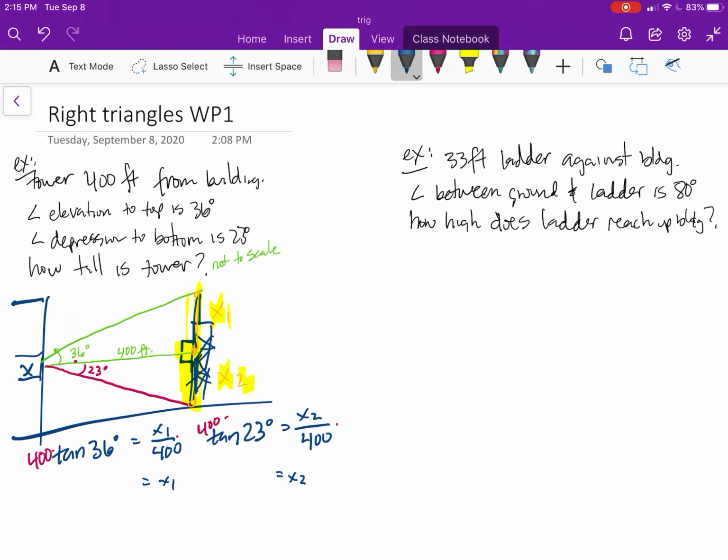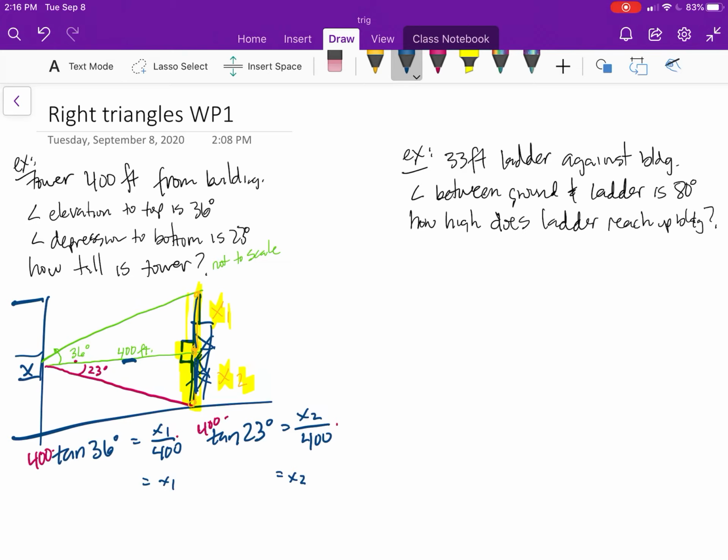So 400 times tangent 36. Again, make sure you're in degrees. Get about 290.61. This is given in 400 feet. Often a good rule of thumb of how much do you approximate is whatever your result is in.